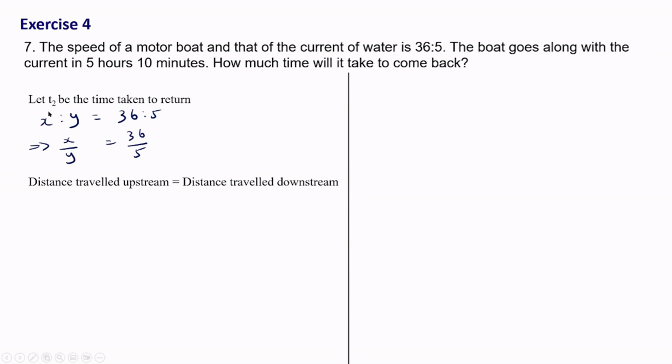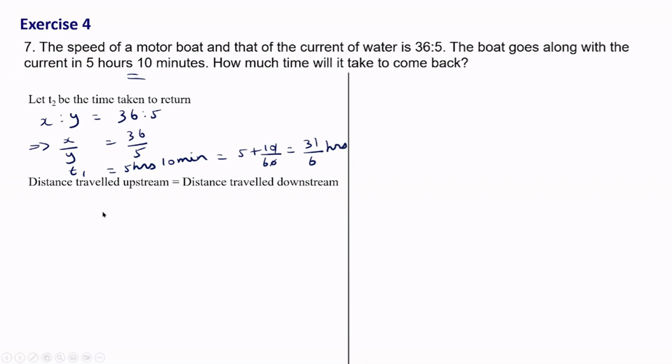Here we are taking T2 as the time taken upstream. So let us take T1 as the time taken to go downstream, which is 5 hours 10 minutes, or it is 5 plus 10/60 hours. So it is 31/6 hours.